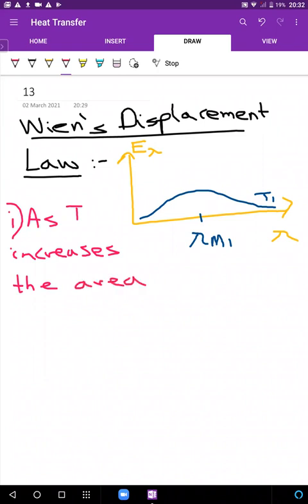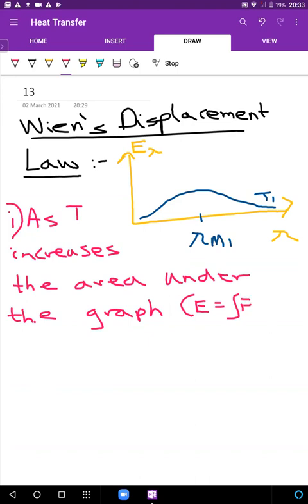Total emissive power. So as temperature increases, the area under the graph increases, because the area under the graph is total emissive power.